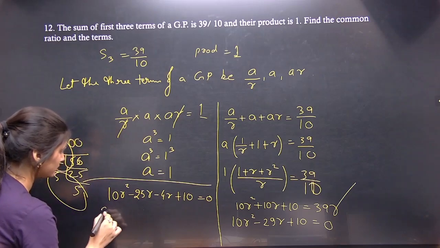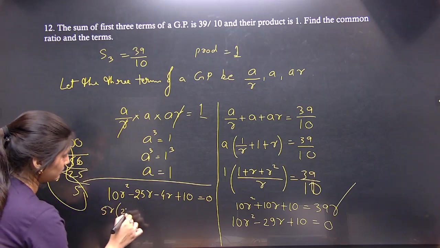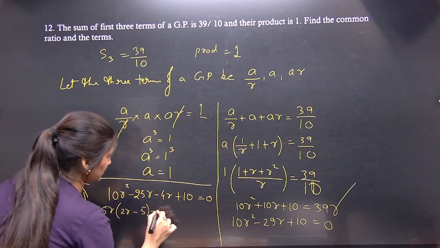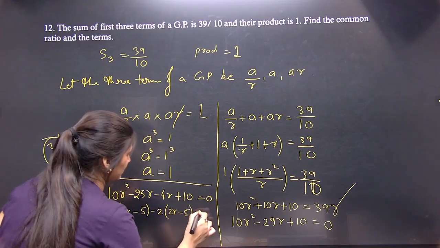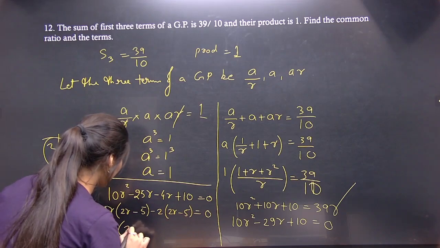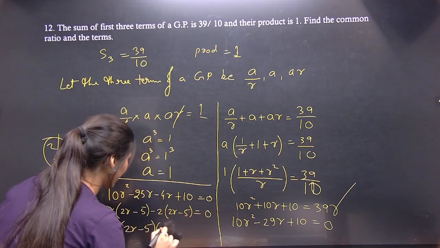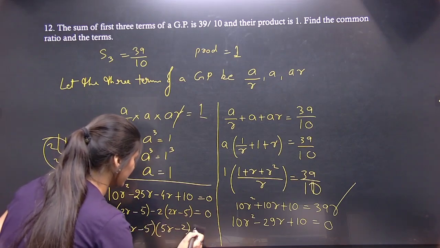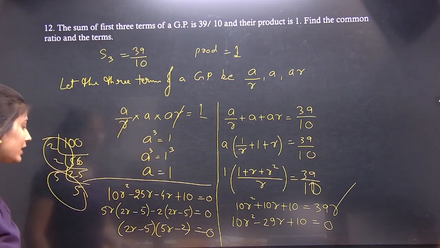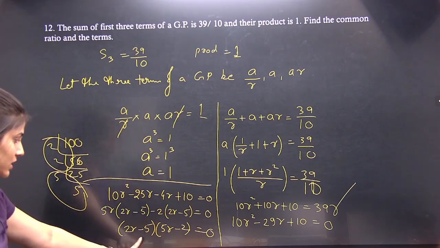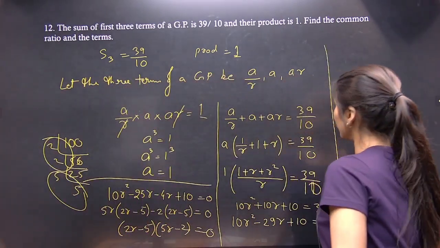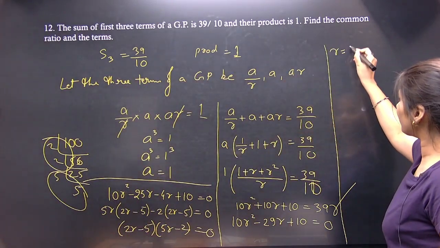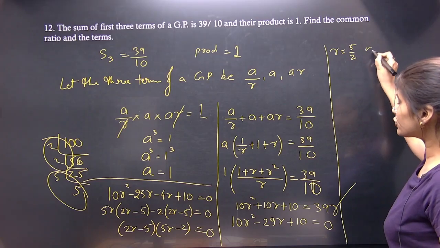So it is (2R minus 5)(5R minus 2). So the value of R can be 5 by 2 from this, and 2 by 5. So R can be 5 by 2 or 2 by 5.